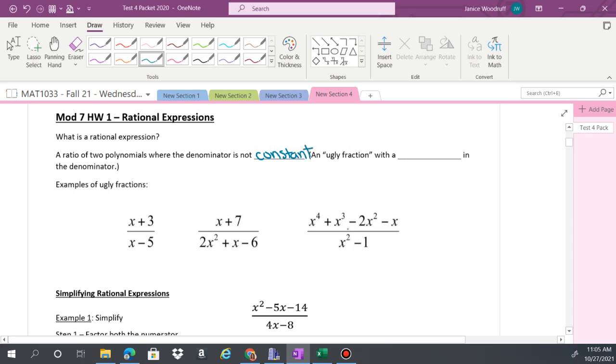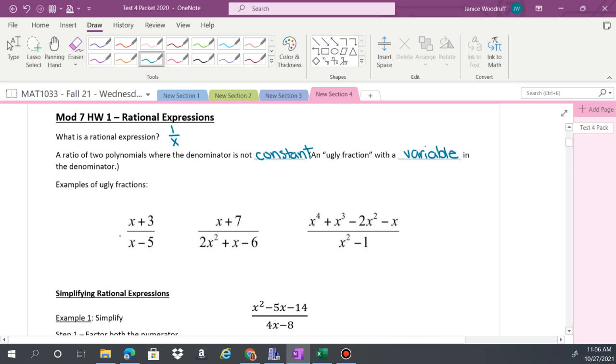Basically, a rational expression, I like to say, is an ugly fraction, because it has a variable in the denominator. So this expression here, 1 divided by x, 1 over x, that is a rational expression. Anything with an x or a letter in the denominator is going to be a rational expression.